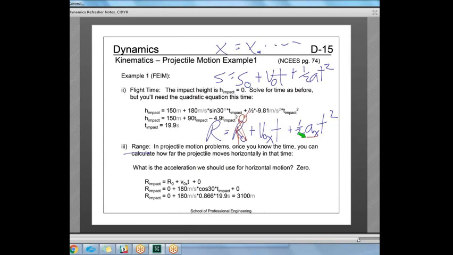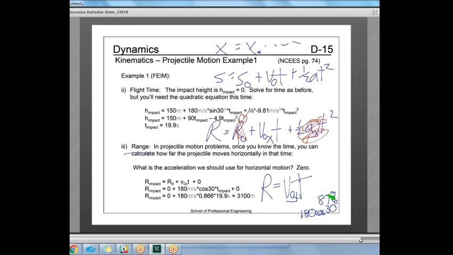What are those values? Well, R naught's going to be 0, because we're going to start counting from 0. What's our horizontal acceleration value? Our horizontal acceleration value is 0. So that term's going to drop out, which means, as promised, our range is simply V naught x t.